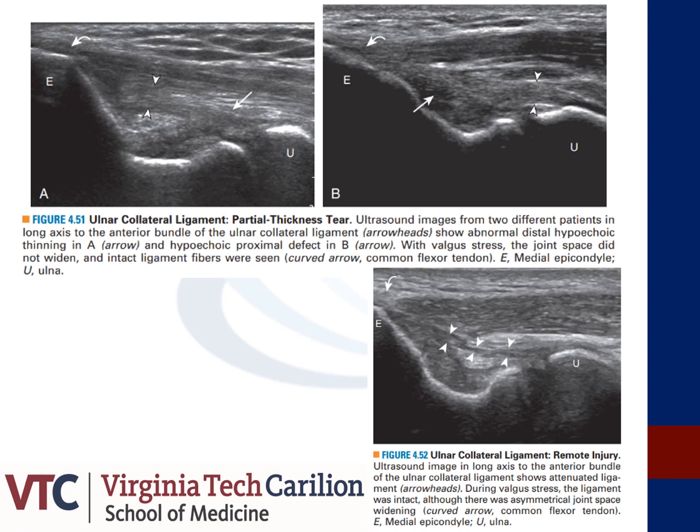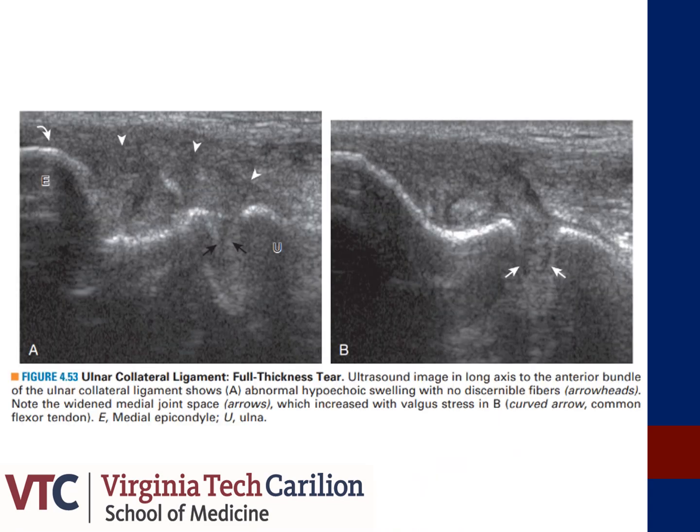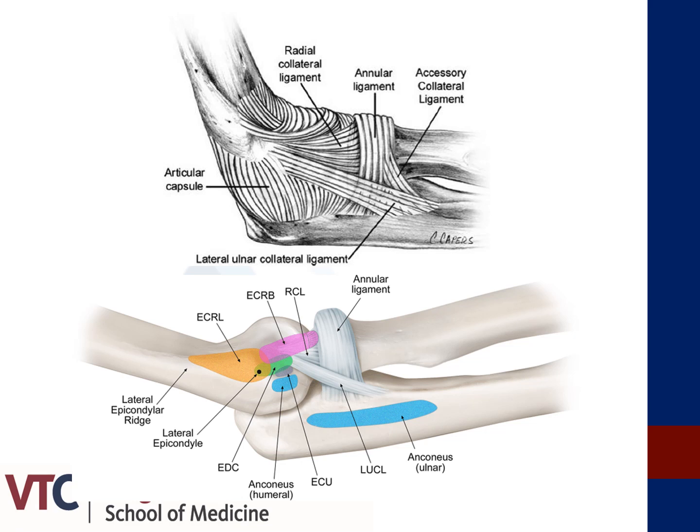The figure in the lower right corner demonstrates a remote injury where you can see along the longitudinal axis the attenuation of the UCL ligament. Here is demonstrated a full thickness tear as shown in figure A, and figure B shows the abnormal joint gapping associated with valgus stress.